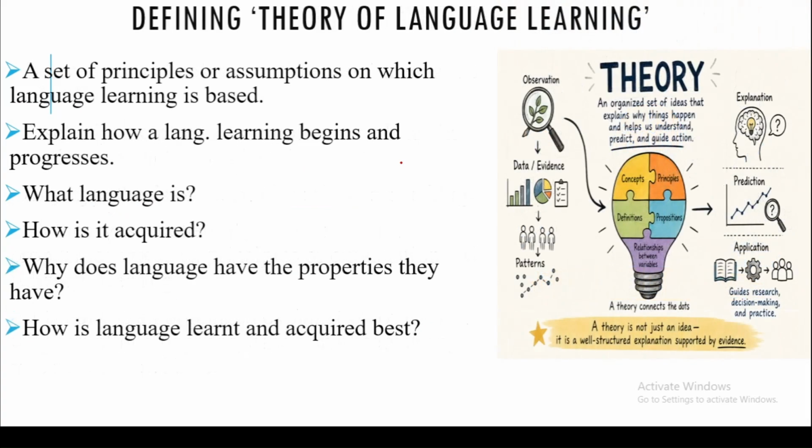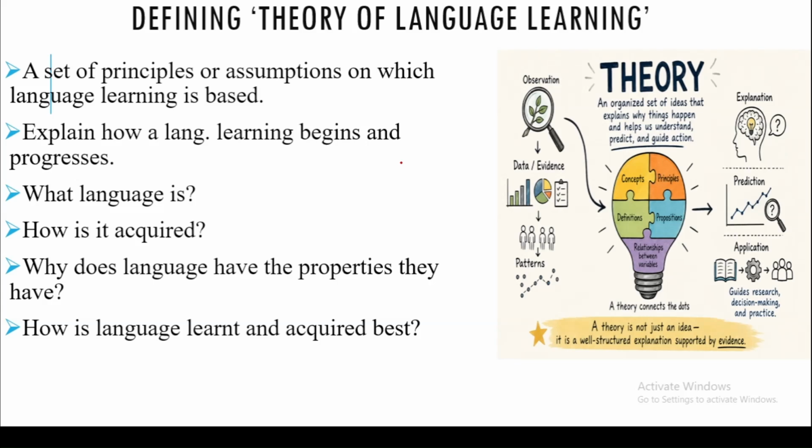Moving further, let's define the theory of language. What is theory of language then? As we discussed, theory is a study about how or why something happens, and its answer is based on observation and evidence.